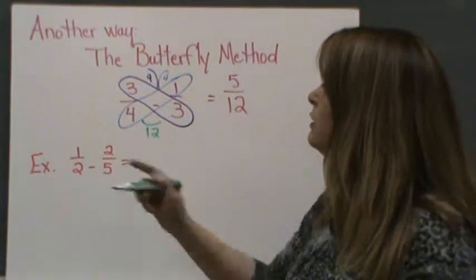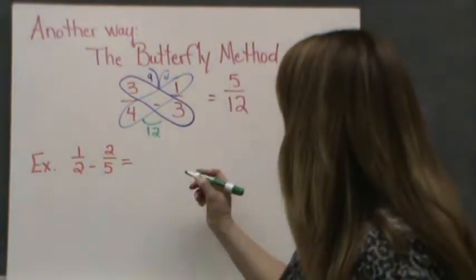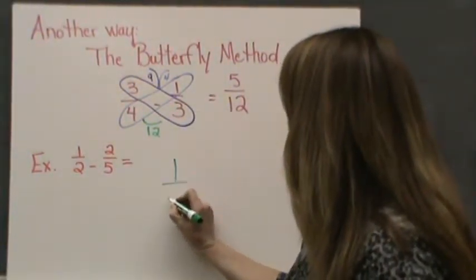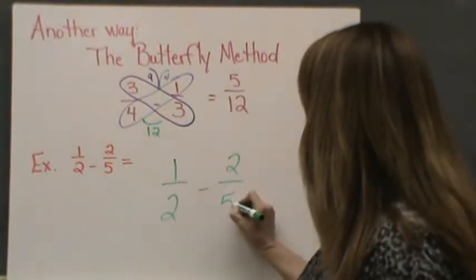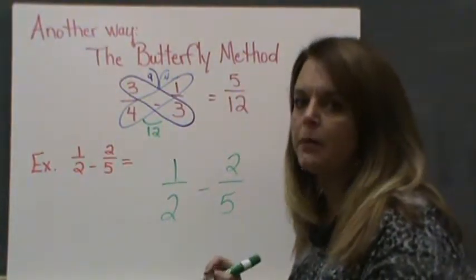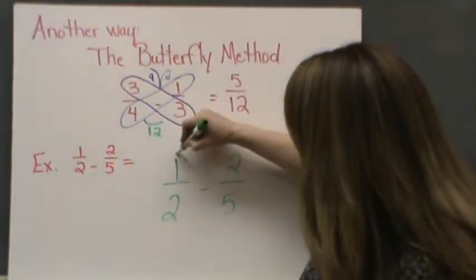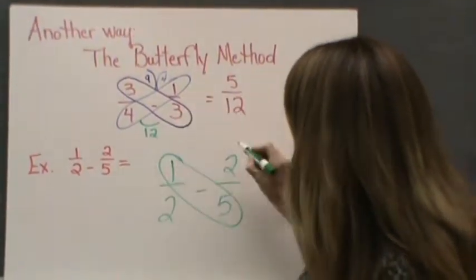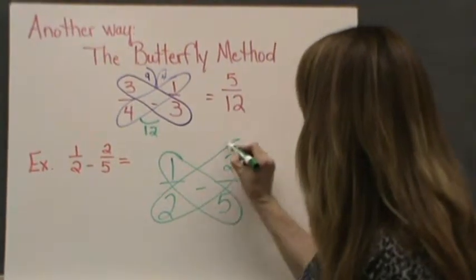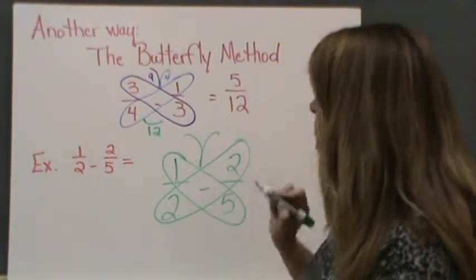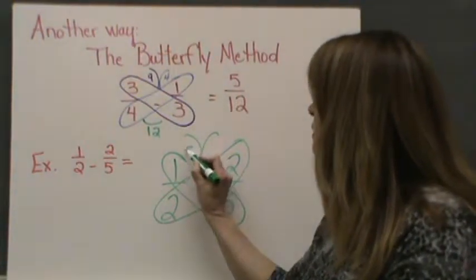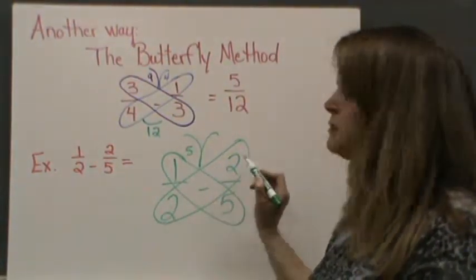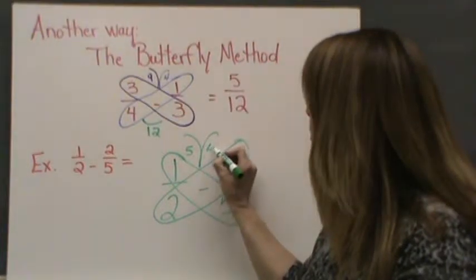All right, let's try one more of these. If I have 1/2 minus 2/5, and I want to use the butterfly method, I'm going to go 1 times 5, 2 times 2. I'm going to add my antenna for my butterfly. 5 times 1 is 5. 2 times 2 is 4.